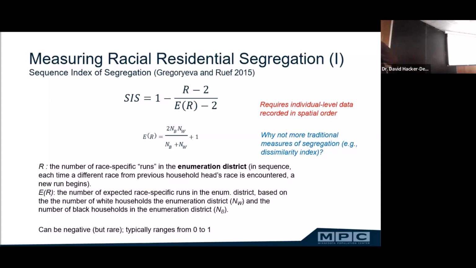Now we did compare, though you can't compare the same enumeration district, unfortunately, in 1900 and 1910. But yeah, I think they're pretty consistent.